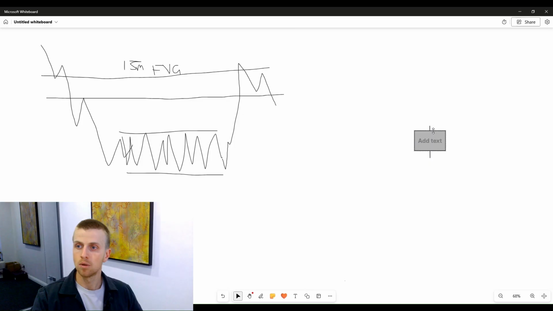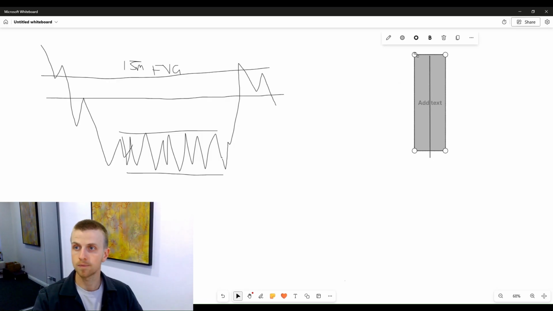But once price starts manipulating, we create the top side of this 4-hour candle. So the whole body now has been formed once we've manipulated and respected this 15-minute fair value gap. And also, it'll create the top side of this wick.